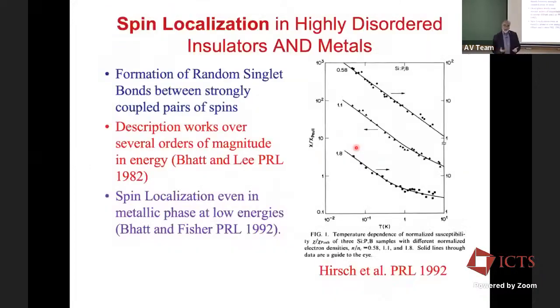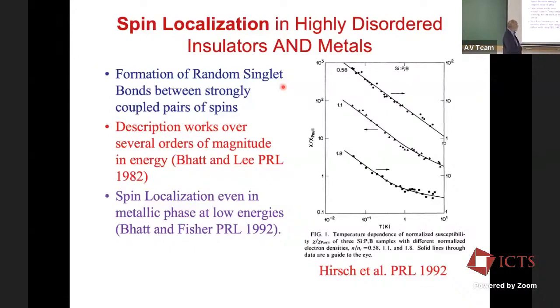So actually, Anderson was trying to study spin localization, but he instead did the single particle problem. But many years later, Patrick Lee and I realized that in fact, if you take dopants in semiconductors, because of the broad distribution of exchanges between them, the low-lying spin excitations of such a system are actually localized on a few sites.